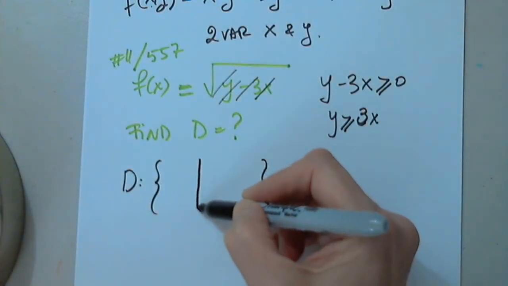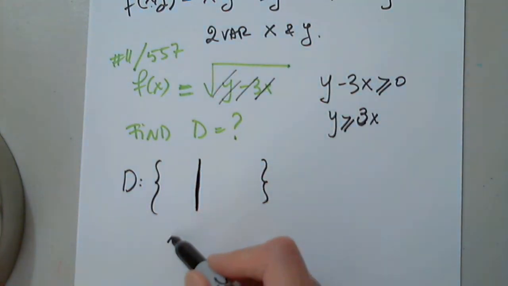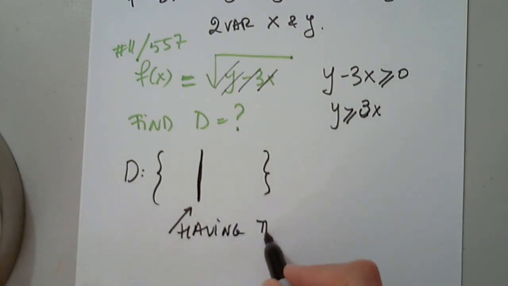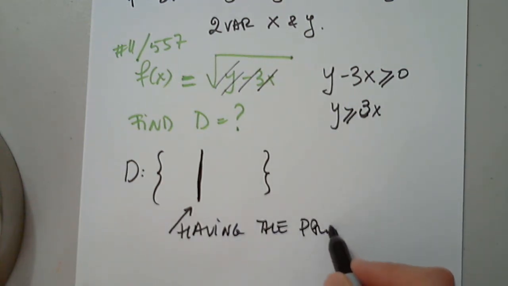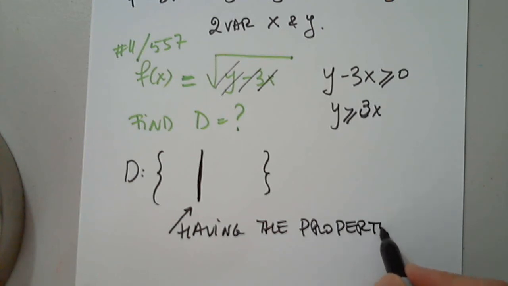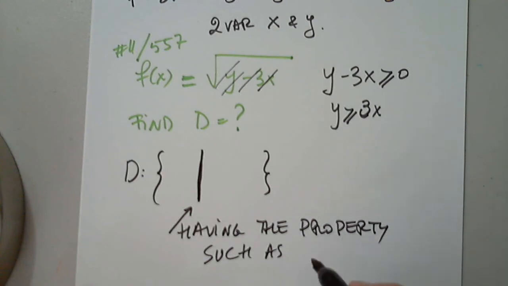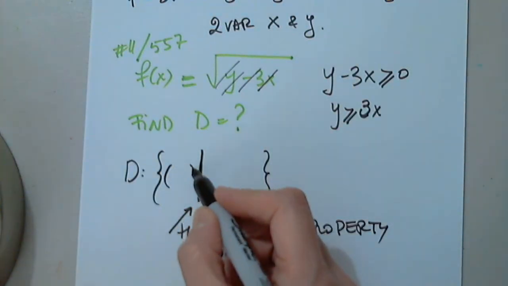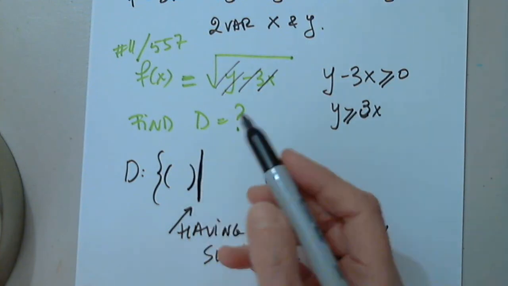This bar indicates having the property, or such as. Here I have to write an ordered pair, x comma y.